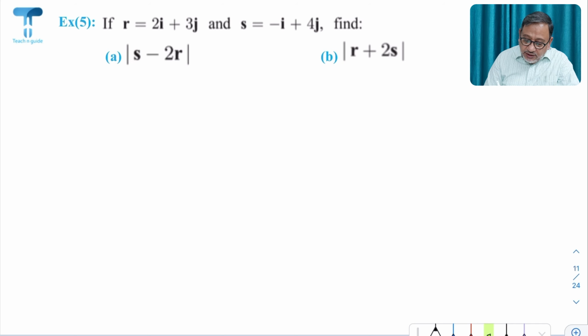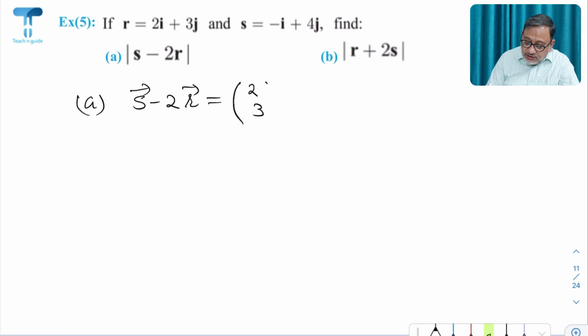Okay, vector R is given by 2i plus 3j, and vector S is given by minus i plus 4j. Now we have to find the magnitude of S minus 2R. So first I will find S minus 2R, vector S minus 2 times vector R. So I will write them in component form.